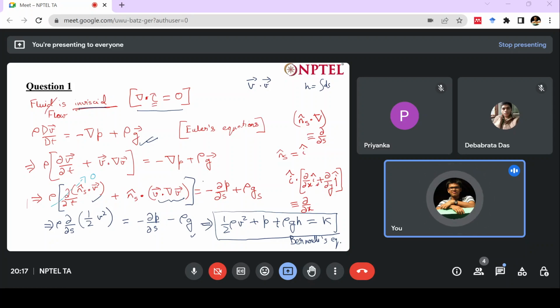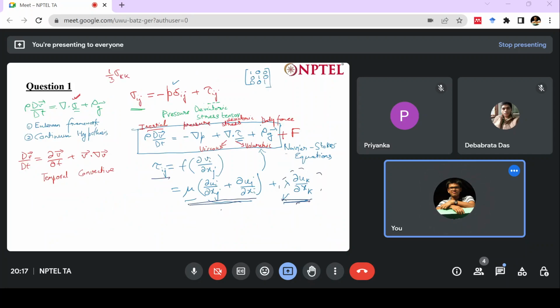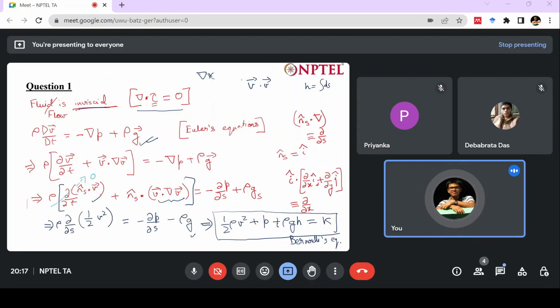You can check it out, I think it will be in your books, where you take the curl of your Navier-Stokes equation. If you do that, you see that even if it is irrotational, you don't have to worry about being along a particular streamline. If it is inviscid and irrotational, you don't have to worry about it being along a particular streamline.